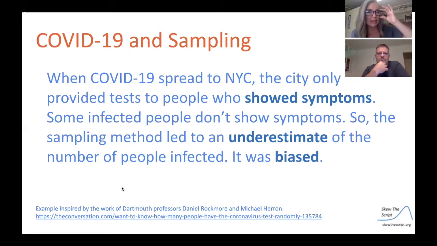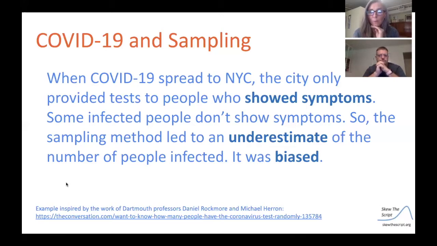So they got to be like the United States guinea pigs, if you will. So what happened is when COVID-19 spread to New York, the city only provided tests to people who showed symptoms. Well, later, we've realized that there are a lot of people walking around who are positive carriers who are asymptomatic.